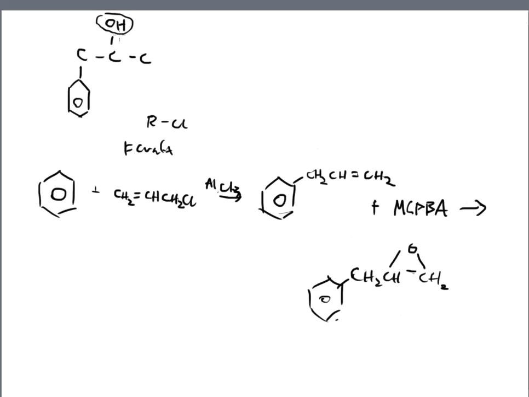All right, well, how do we break open the epoxide group? Okay, well, there's a couple of ways to do this. And the route that we're going to choose here is NaH with maybe some hydrochloric acid in the end. So we'll have a benzene ring. Carbon, carbon, carbon.